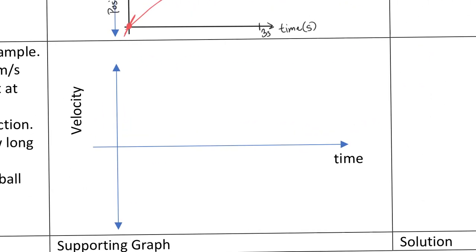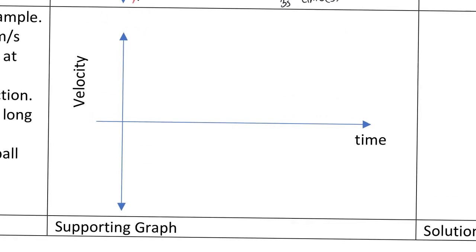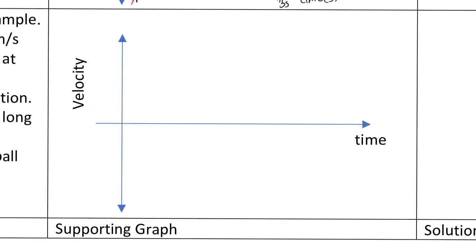So my thoughts are that whatever it did for the first 3 seconds is probably repeated here, right? 6 meters per second, negative 8 meters per second. Opposite direction. Direction is denoted by positivity and negativity. So if 6 meters per second was the positive direction, then when it's traveling in the opposite direction, it has to be traveling negative 8 meters per second.